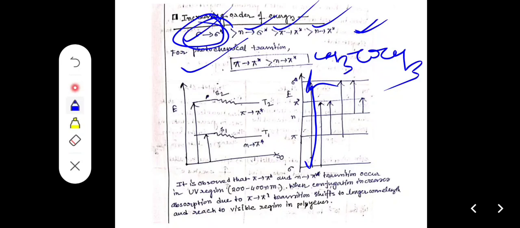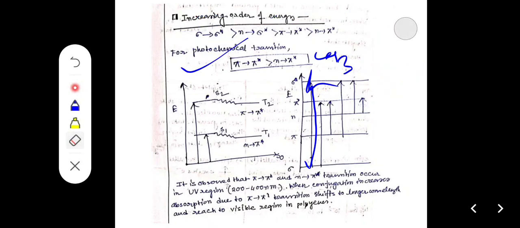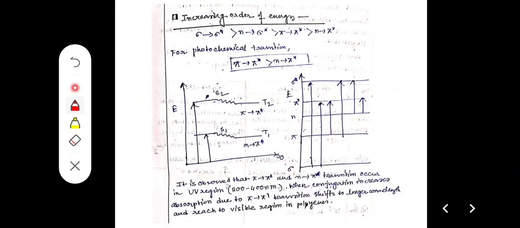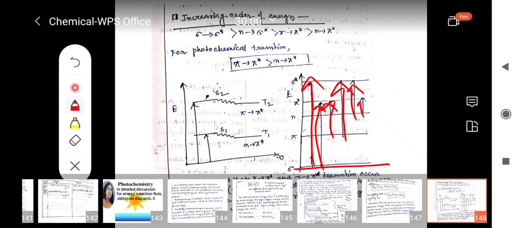There are many possible transitions: sigma to sigma star, sigma to pi star, pi to pi star, pi to sigma star, n to sigma star, and n to pi star.